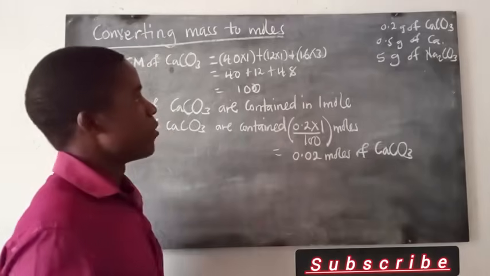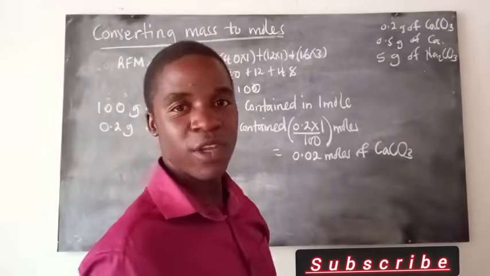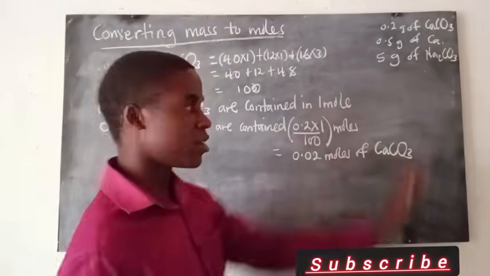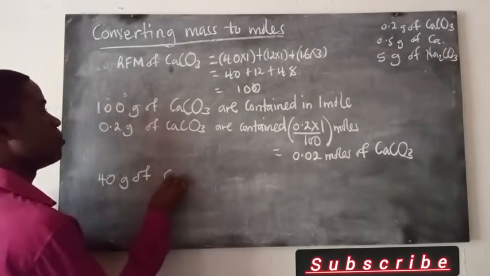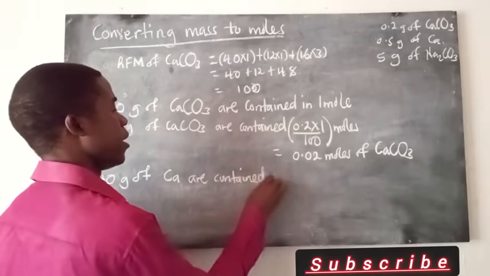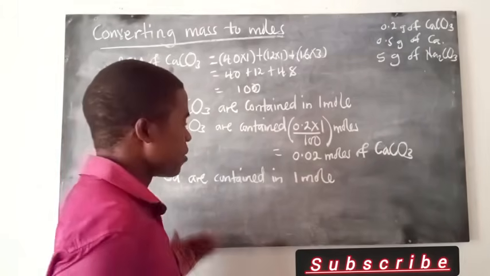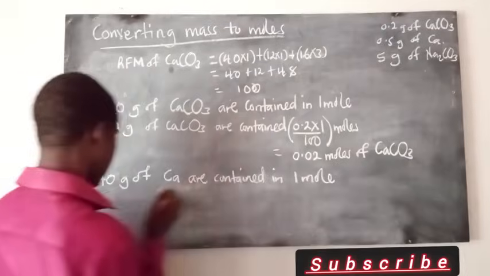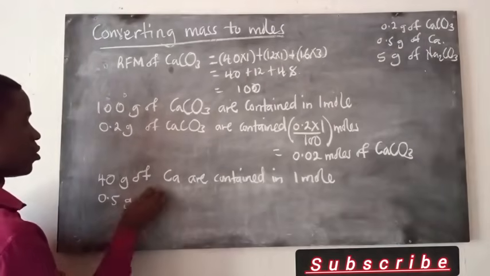Alright, we also want to try 0.5 grams of calcium. Likewise, what is the relative atomic mass of calcium? It is 40. So 40 grams of calcium are contained in 1 mole. That is the first statement. What about 0.5 grams of calcium?